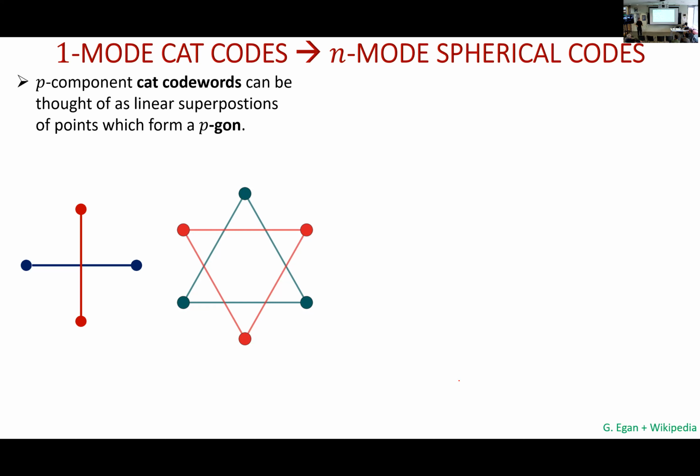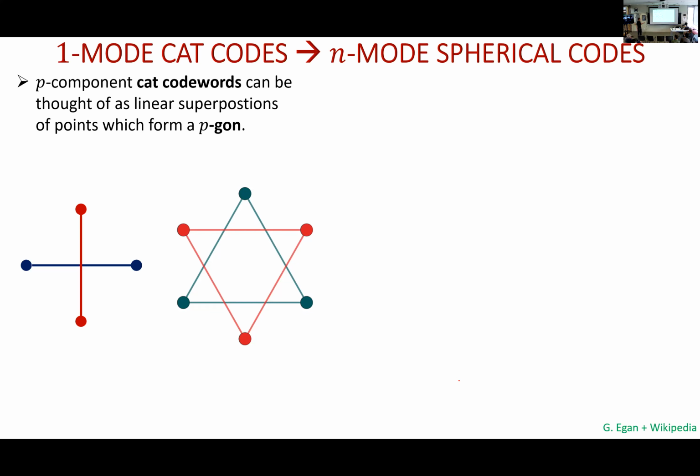I can get into what benefits that code offers, what kind of noise it protects from. If you'd like, feel free to ask me. I will though continue just with this geometric picture just to convey how to generalize it. And these states form a line segment, vertices of a line segment.